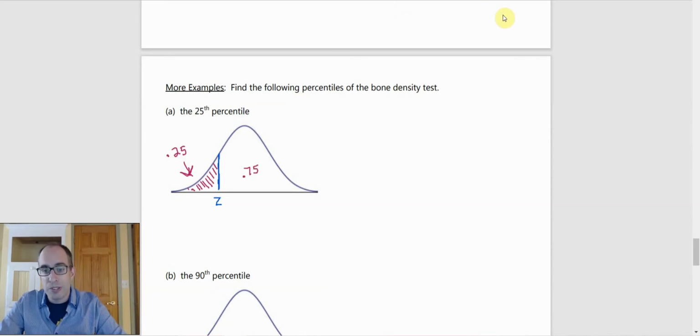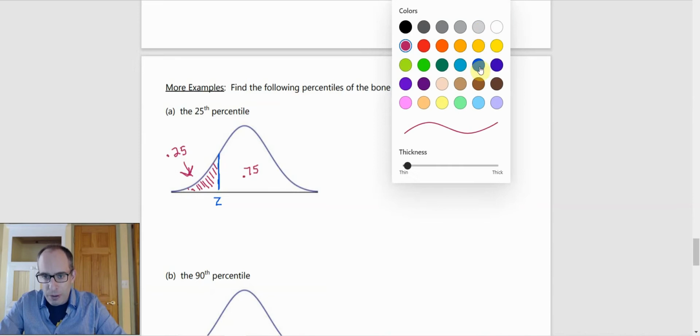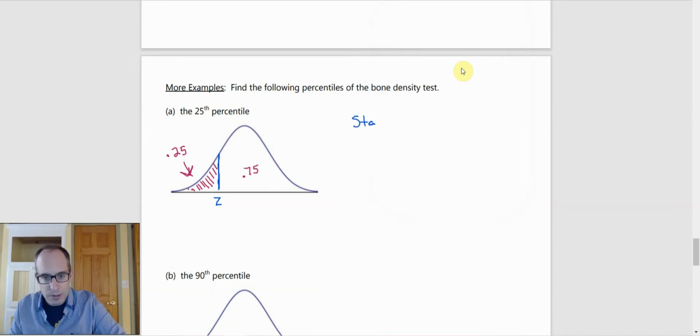And then we're gonna use StatCrunch to do it. So the thing that we have right now, we know the probability of, I guess, then this is supposed to be like a little z, maybe.